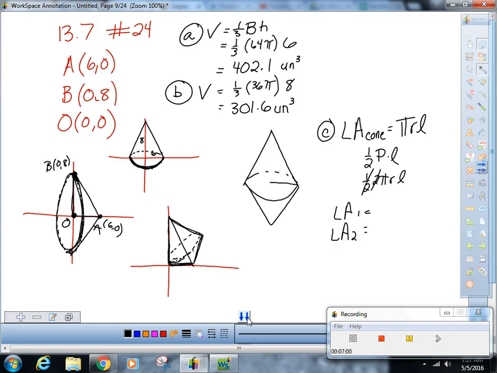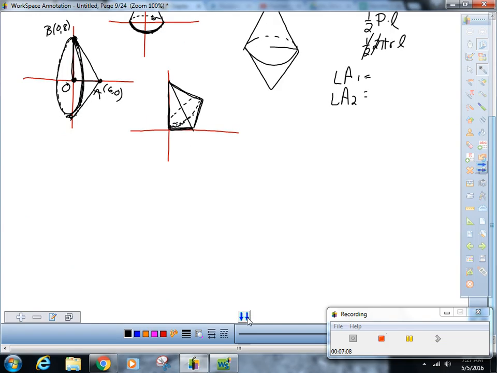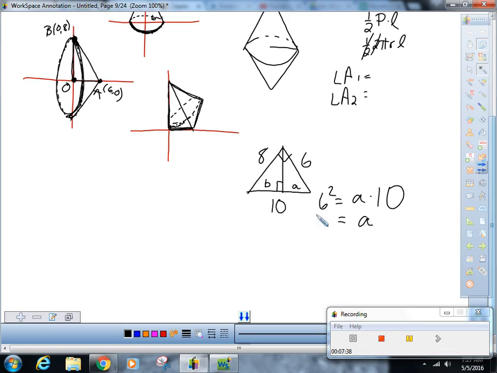This is such a good problem. Now I realize why they're giving us this problem, because it involves everything we learned this year. 6, 8, 10. Remember this? How do I find the altitude? But I don't know what the parts are, so I'll call this a and this b. 6 squared equals a times 10, so a is 3.6.